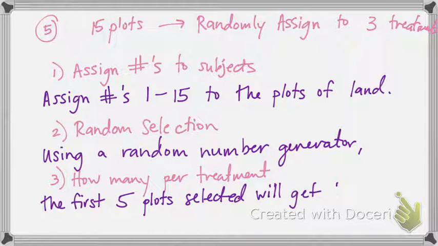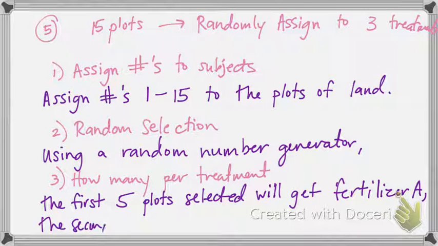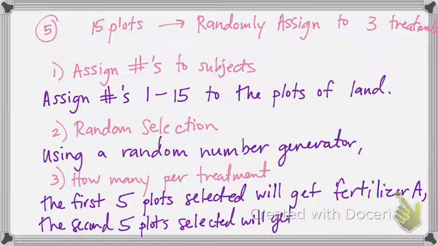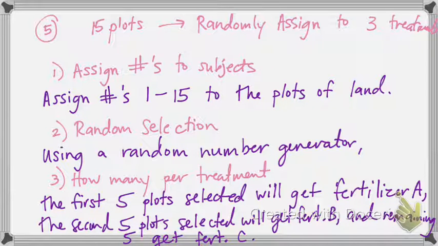Fertilizer A. The second 5 plots selected will get fertilizer B, and the remaining 5 get C. All you would really need to write is the stuff in purple. I just put the stuff in pink so that you can see it.